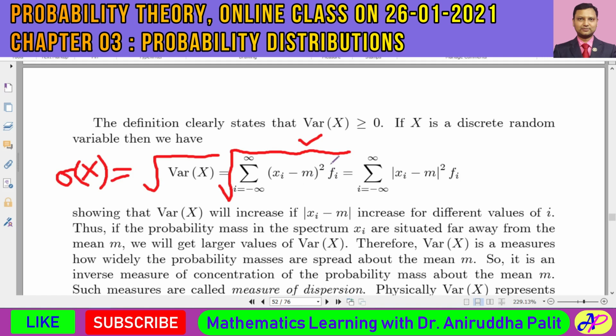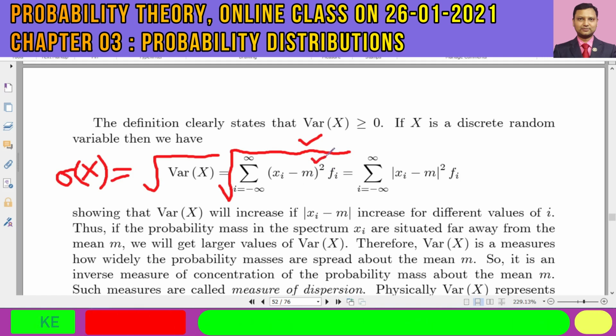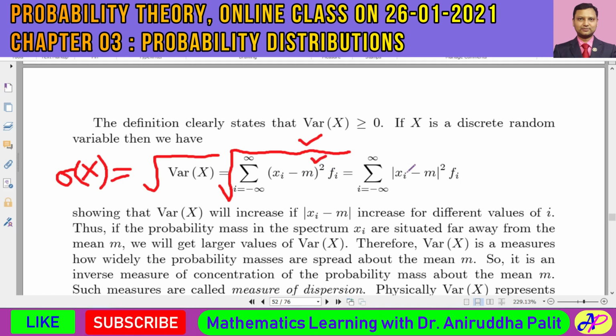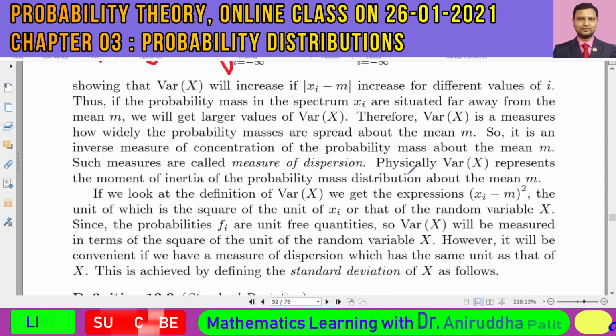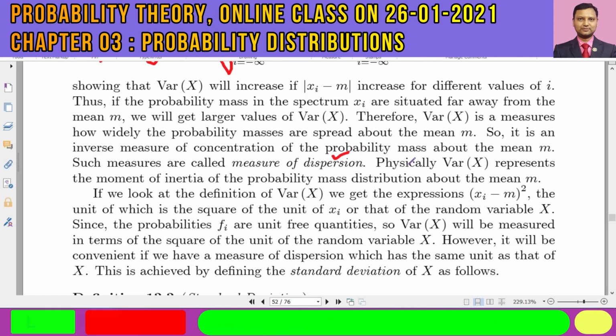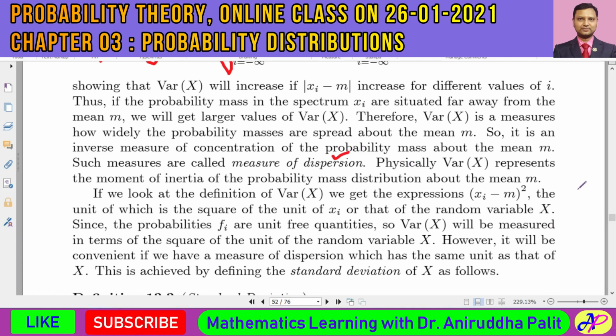Why is it square deviation? Because we have a square quantity, x minus m whole square. And why is it deviation? Because it is a measure of deviation, as I told you earlier, a measure of dispersion, of how widely the probability mass is distributed about the mean value.